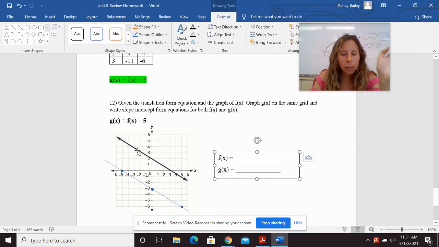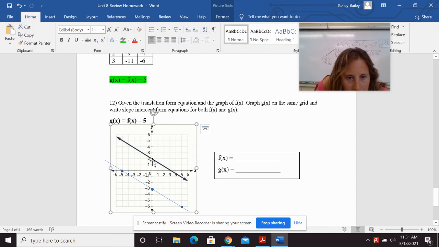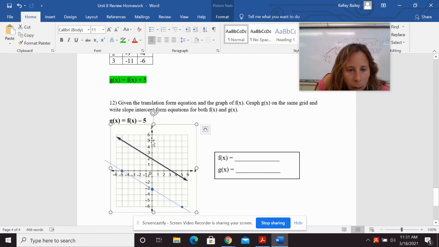So f of x, just look at your line. So what is the slope of f of x? It's hard to tell if it hits that point or not. I don't think it hits until right there. So I'm going to go 1, 2, 3. So I'm going up 3 and over 1, 2, 3, 4, 5.